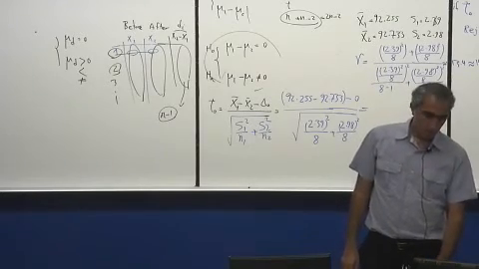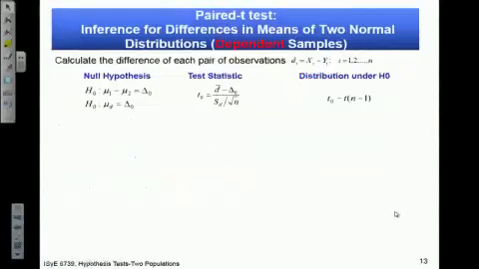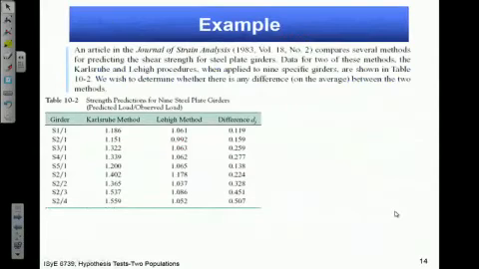So, one example. We are comparing several methods for measuring shear strength for a steel plate, and data for two of these methods. I don't know what these procedures are.